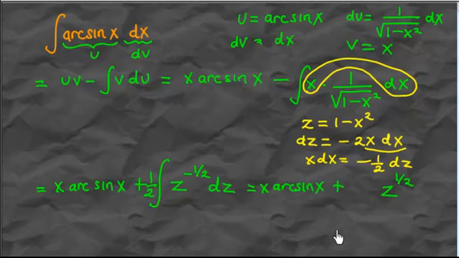That's all we have, right? Because we have 1/2 multiplied by 2, which is 1. Check it again if you want to make sure about that. At the end we need to rewrite everything in terms of x, so we put back z equals 1 minus x squared, and we get x arcsine x plus square root of 1 minus x squared plus a constant.